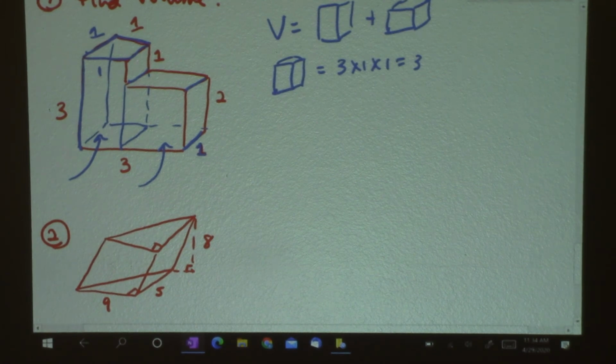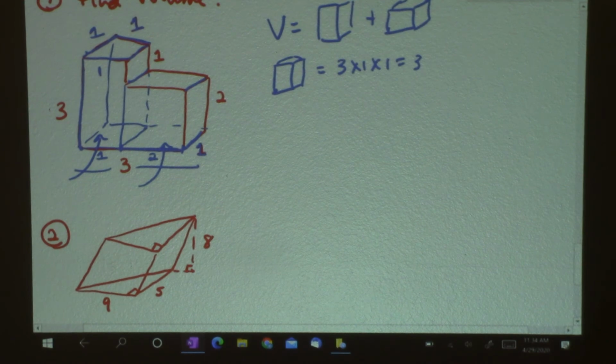And then I have the other block, which is, if this whole length here is 3, we know this one is 1, right? Because this is 1 up here. Then this has to be 2, this little piece. So the whole thing is 3, but this little piece here is 2, from here to here. Do you see that?